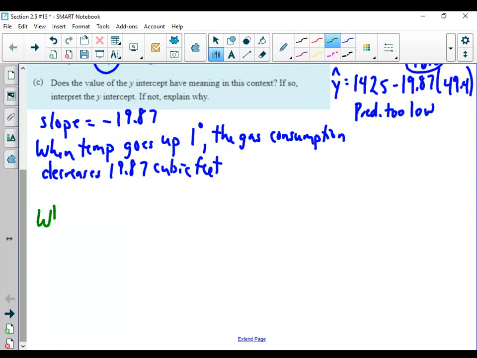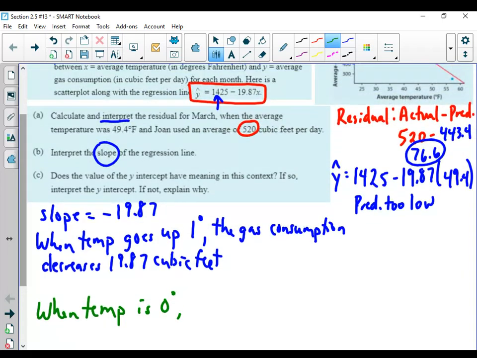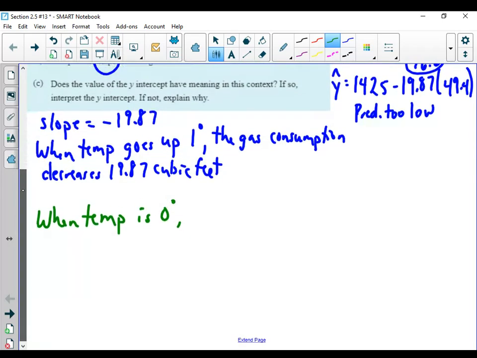So when the temperature is 0, according to my equation, I used 1,425 cubic feet of gas.